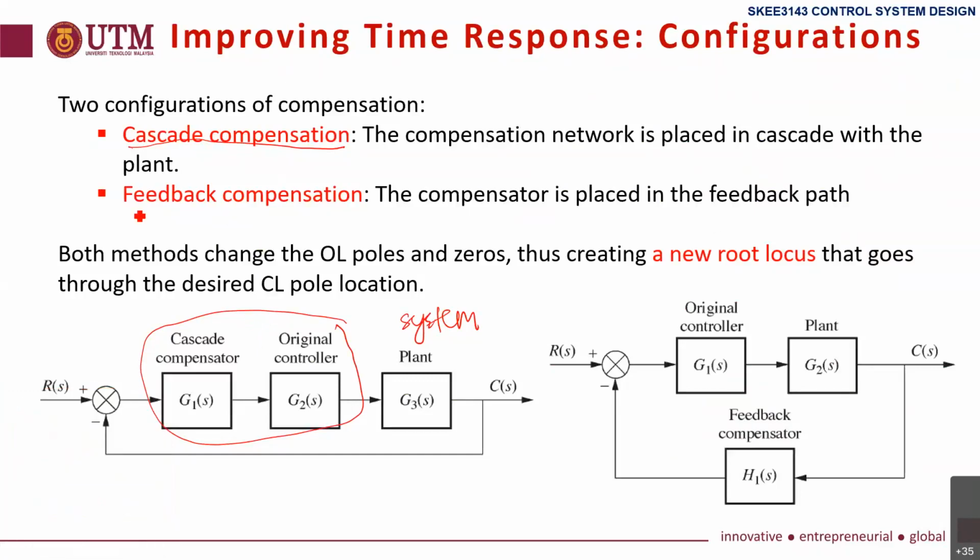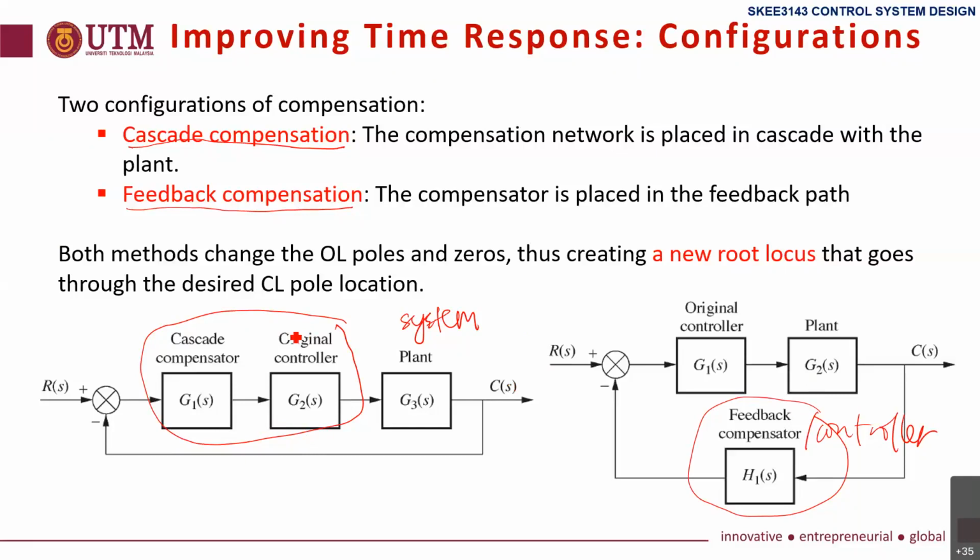The second technique is by using feedback compensation. Feedback means we add a compensator or controller at the bottom, in the feedback line. Both techniques can be used. We can see later that when we apply either one, we can change the open loop pole and zero.